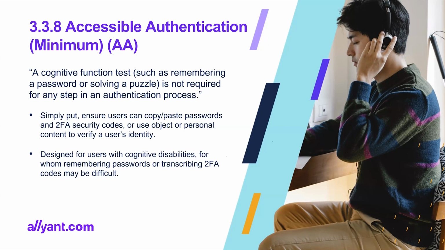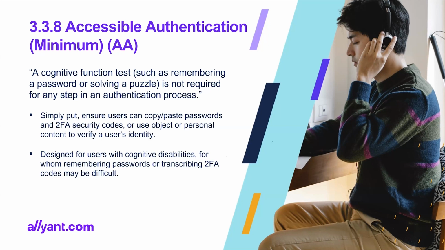And then the second one I think we can answer in real time is, if we provide the user a set of images from which the user chooses one to be their password in the future, is that acceptable? Yep, that's exactly kind of what they're talking about here for this requirement at the AA level. So if you set up a username and password, and then for your kind of two-factor approach, you ask the user to pick an image, and the user picks an image of an apple.